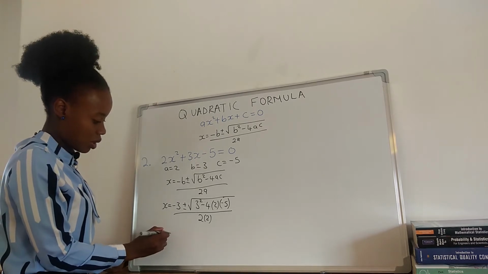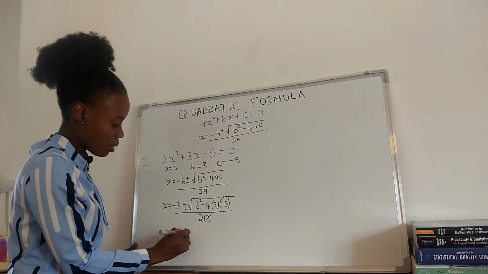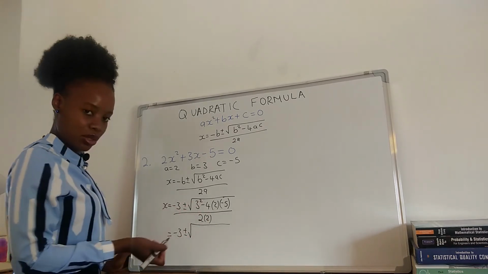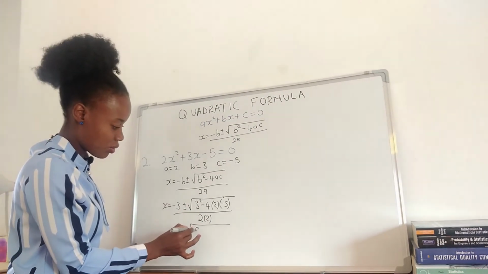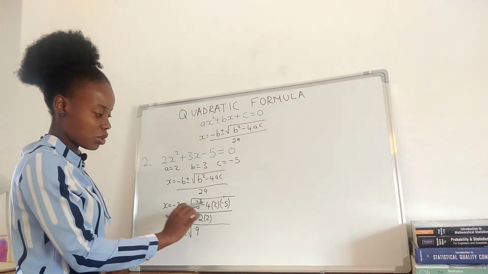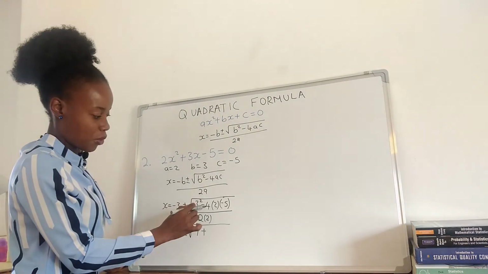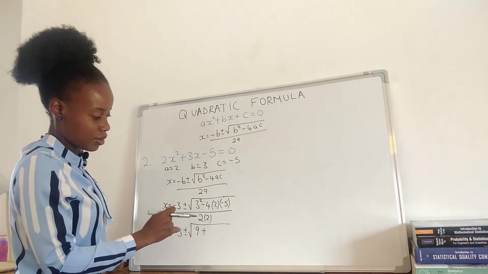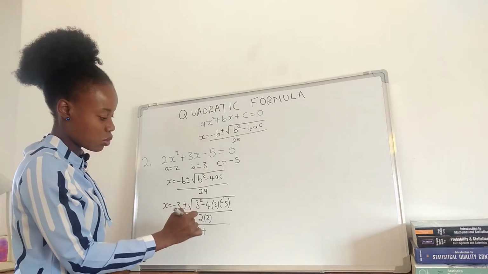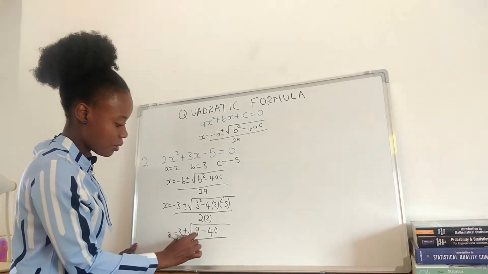So here we're going to have negative 3 plus or minus the square root of 3 squared, which is 9. You know that when you multiply a negative and a negative, they're going to give you a positive. So we're going to have 9 plus 4 times 5, 20, 20 times 2, which is 40. We have 40 divided by 4.